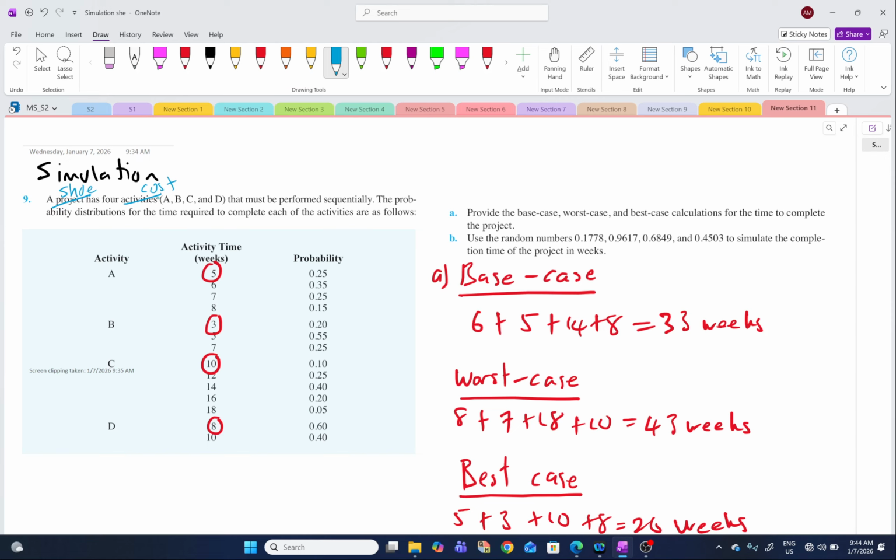A shoe has 4 courses, A, B, C, D lah. Ini satu course, ini satu course, mungkin ini labor cost, ini raw material cost, something like that. Okay.